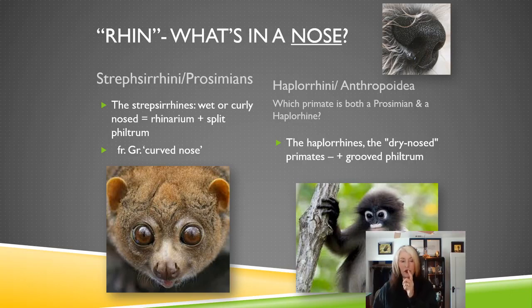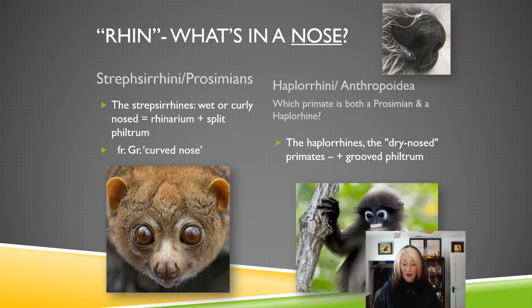Now, if the philtrum is split, like a dog or a cat, or like lemurs, for instance, then we call that a split philtrum. Yours is grooved. You have a grooved philtrum, and it's going to look this way. That is a more recent genetic combination for us. All right, so that's the first step.